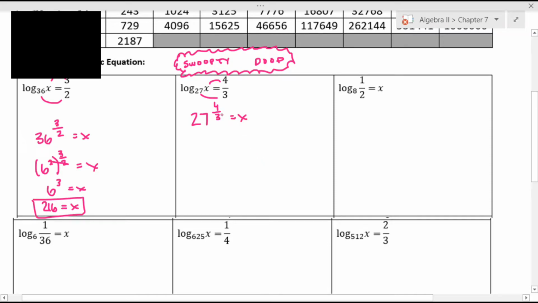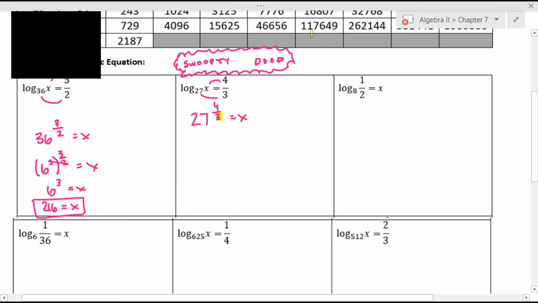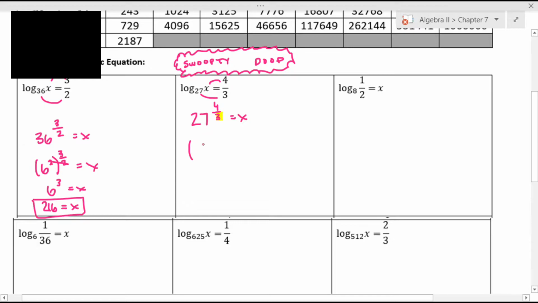And I'm thinking of the third power because the third is on the bottom of the fraction. What can I rewrite 27 as? It's a power of 3. So those 3's are going to cancel out. 3 cubed is 27. So then I'm left with 3 to the power of 4, the 4 is left over, is equal to x.